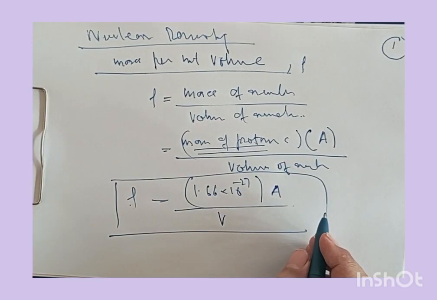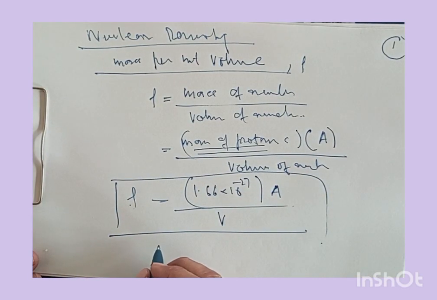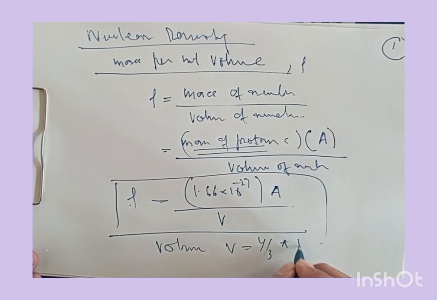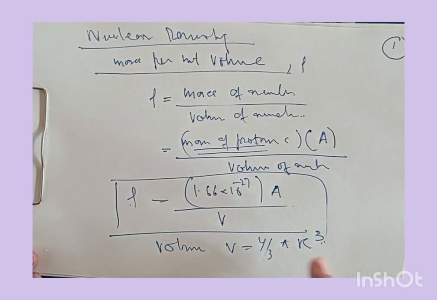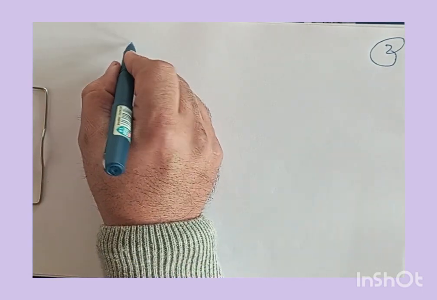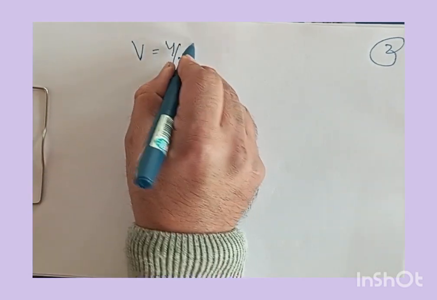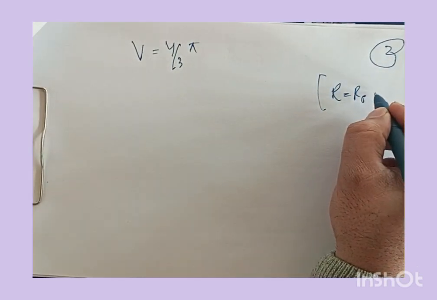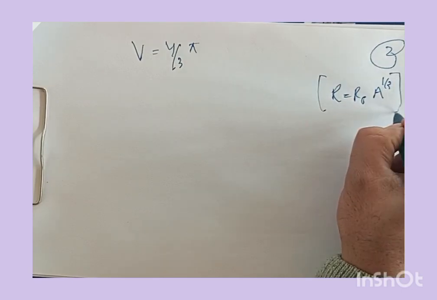All right. Now, if I have to write down the volume of the nucleus, what will that be? For volume, I have V, that is 4 by 3 pi r cube. But for this r, this has already been calculated when we calculated the average size of a nucleus. It has a relation: r equals r naught times A to the power of 1 by 3.